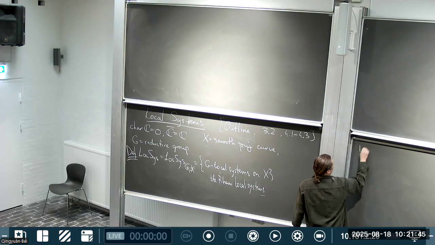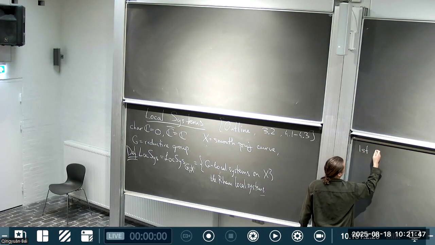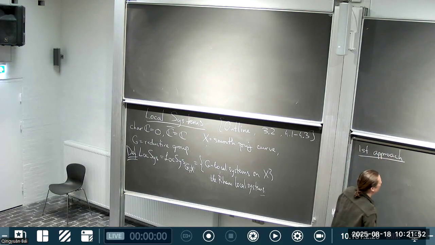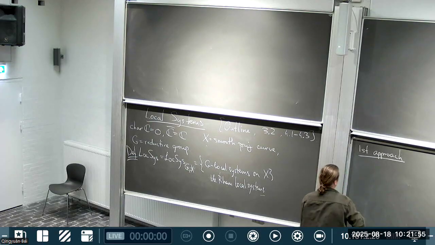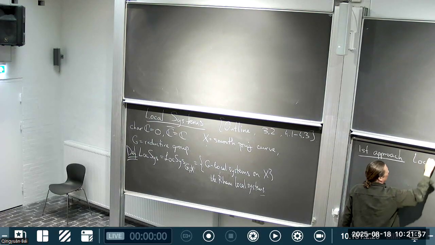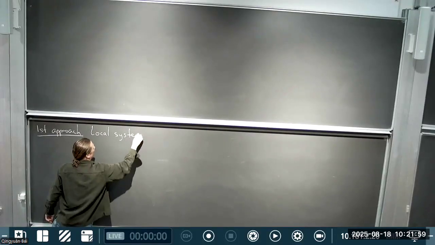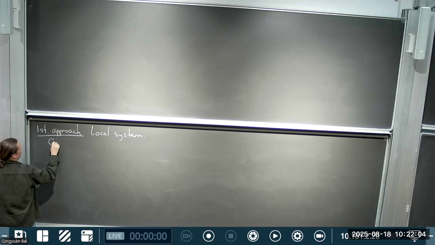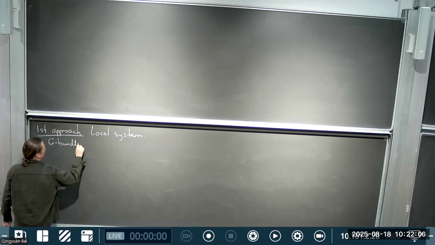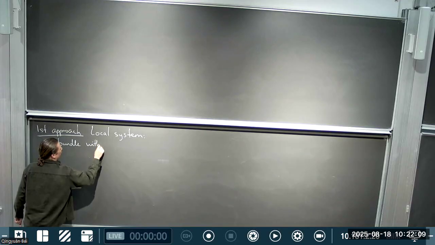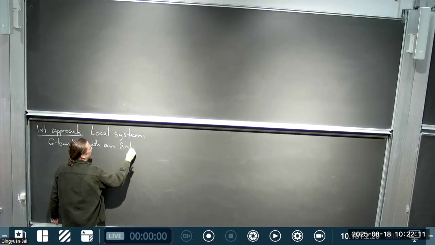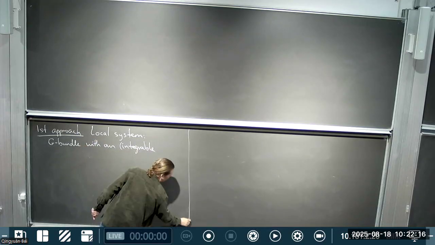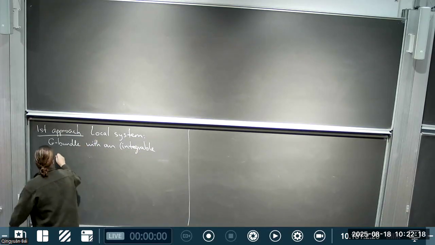First point of view: a local system is going to be a G-bundle with an integrable connection.